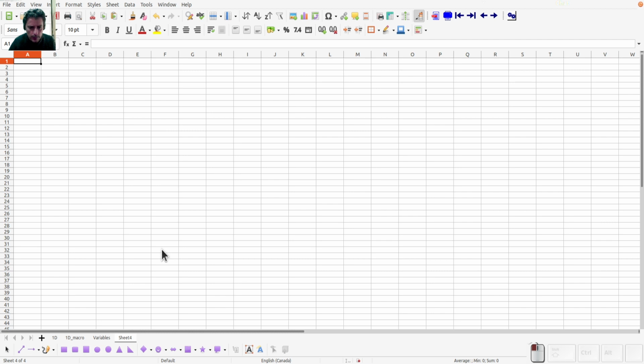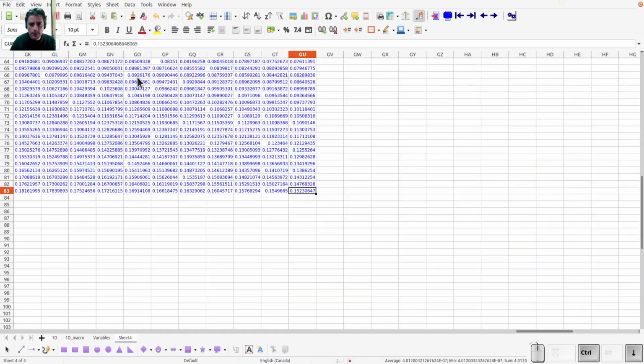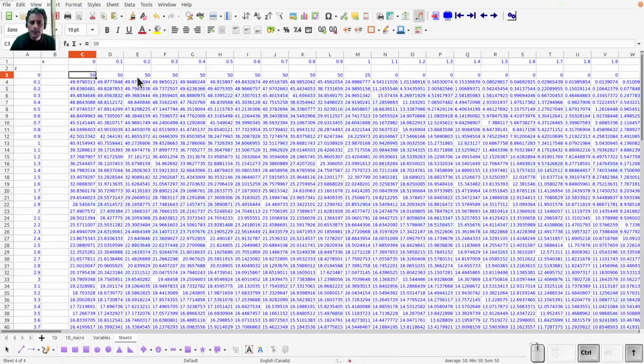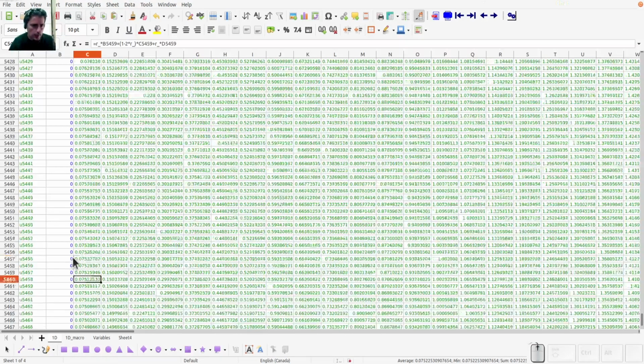So if I paste as values, then I don't have to worry about what existed in the previous one. So this is our 2D stress distribution that we calculated in last lecture. Okay, so for a 1D problem, we just copied that first column when we did the 1D analysis.